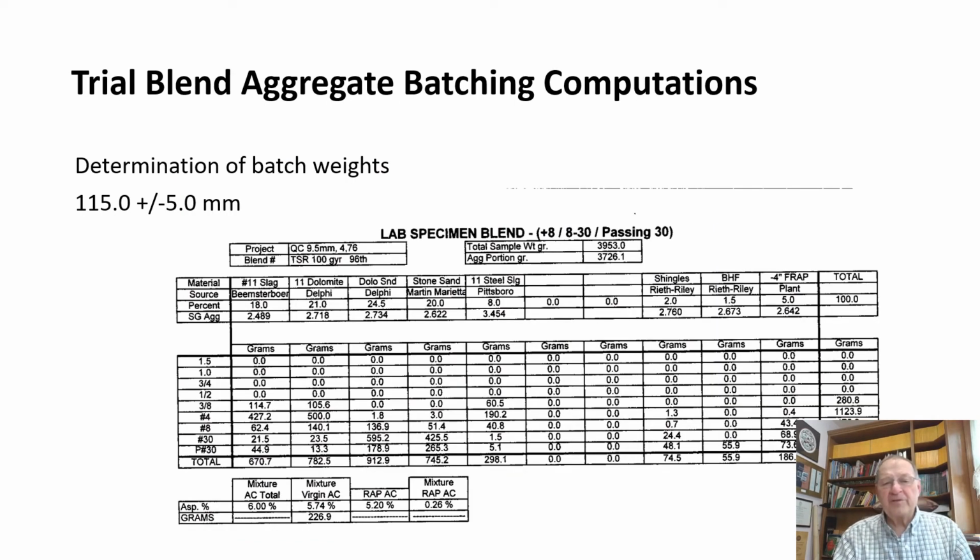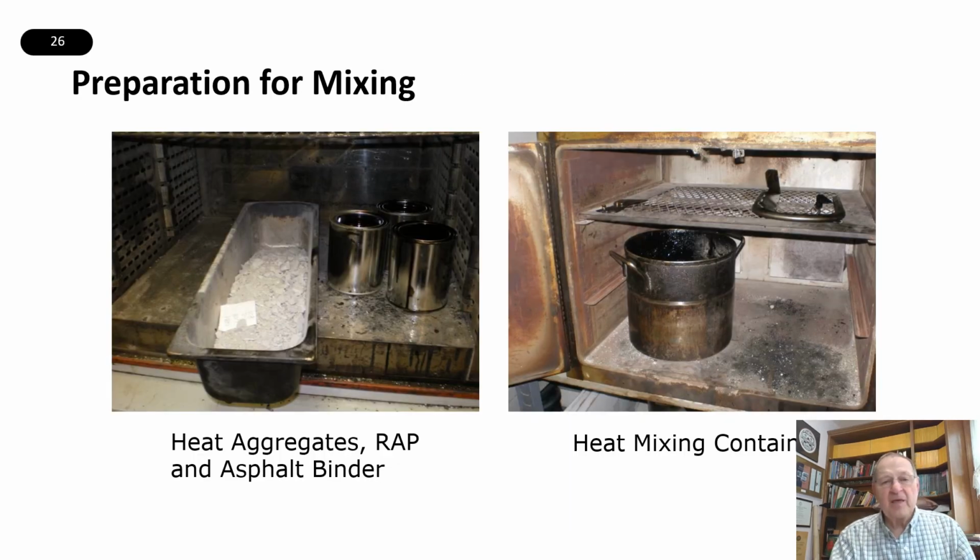We will put together a batch sheet, and determine the number of grams for each of the fractions of each stockpile, and we will batch together our specimens. When we batch together the specimens, we will put them into a pan along with some cans of asphalt binder, and we will heat all of this material up.